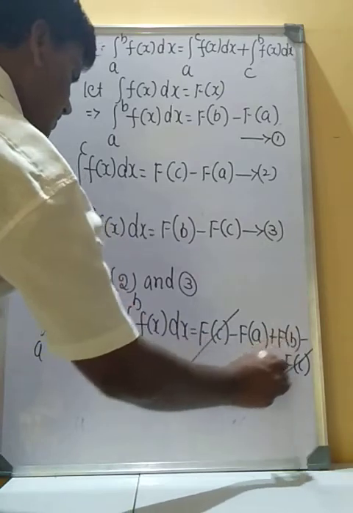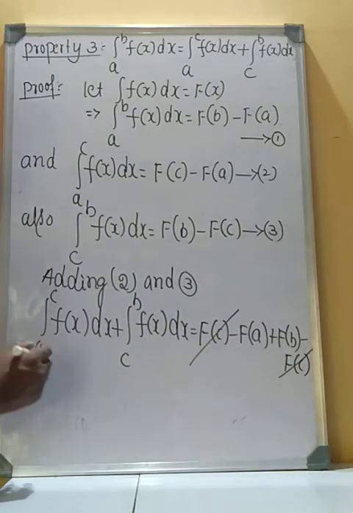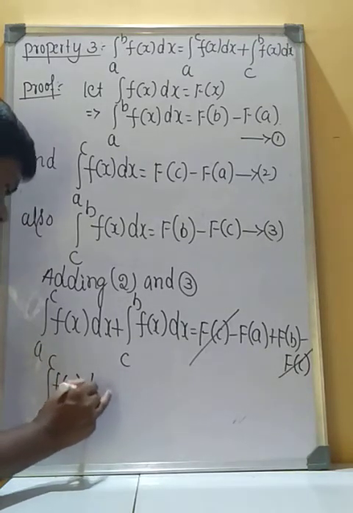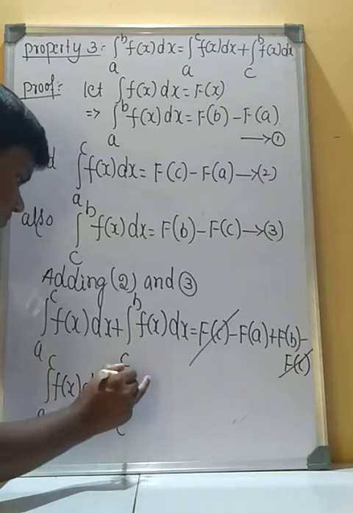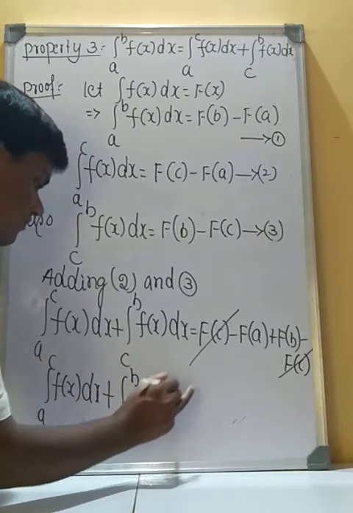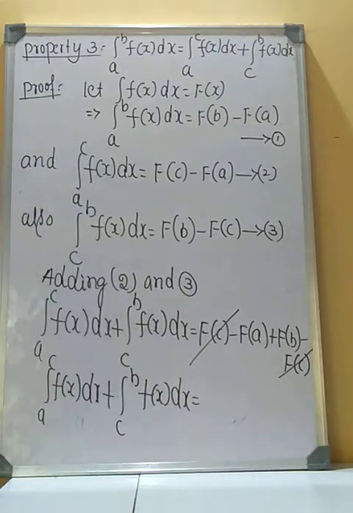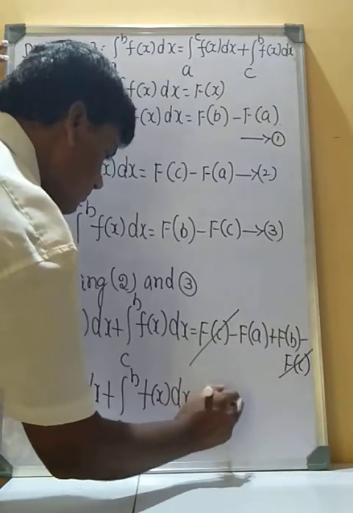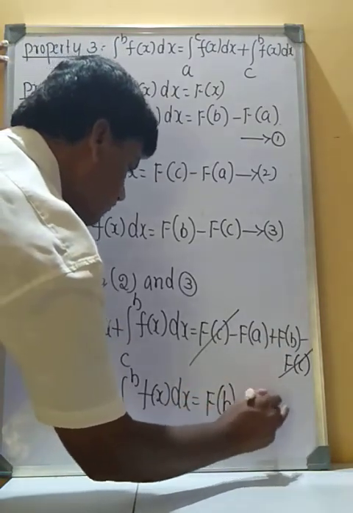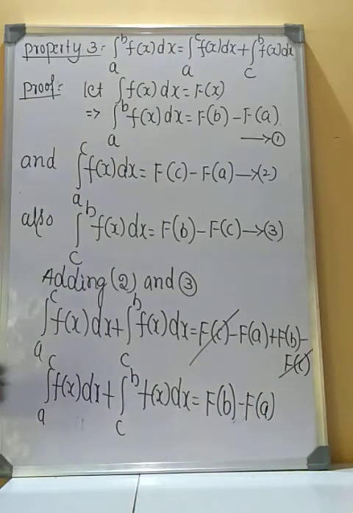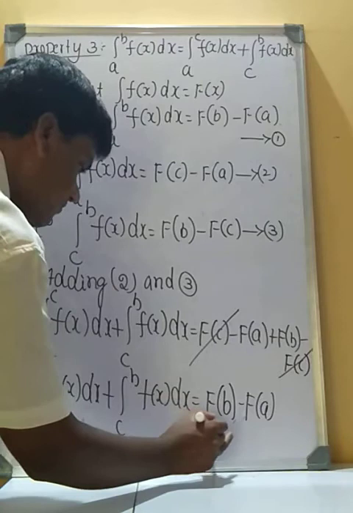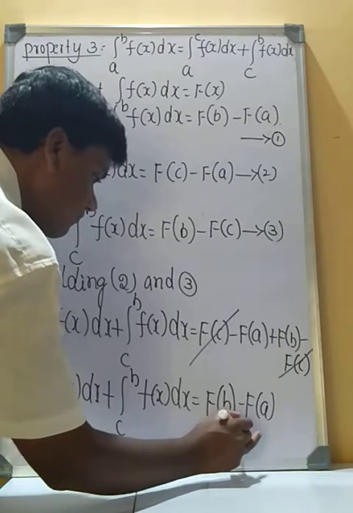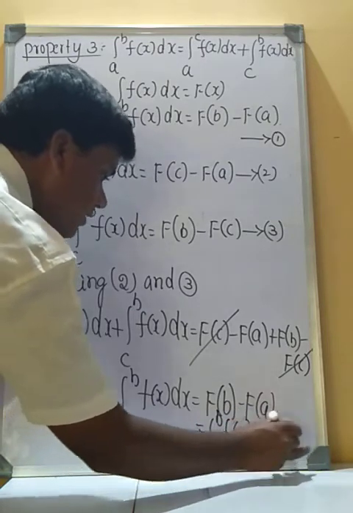Plus F of c minus F of c gets cancelled. Therefore the sum equals minus F of a plus F of b, that is, F of b minus F of a, which equals integral a to b f of x dx.